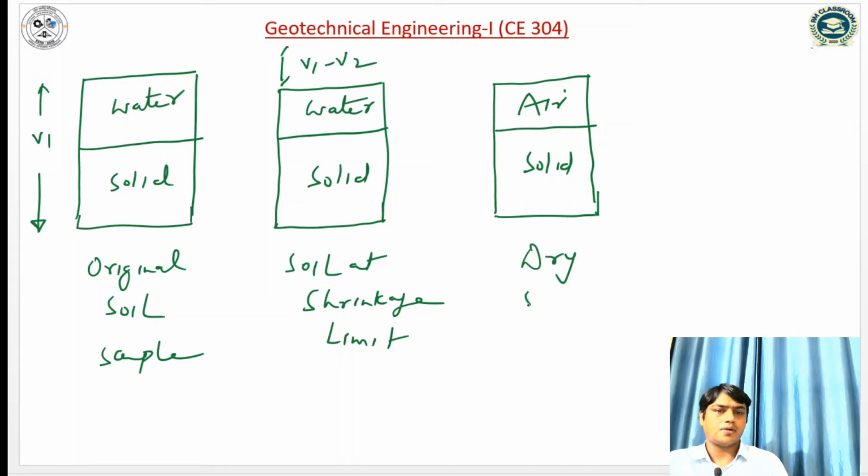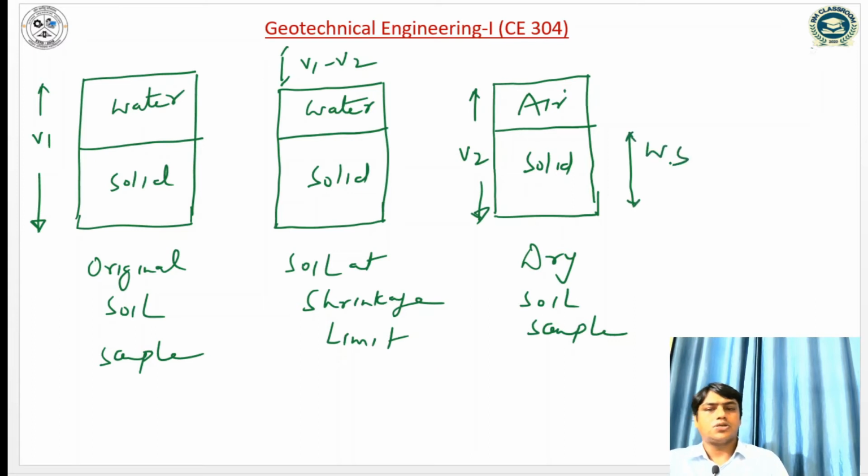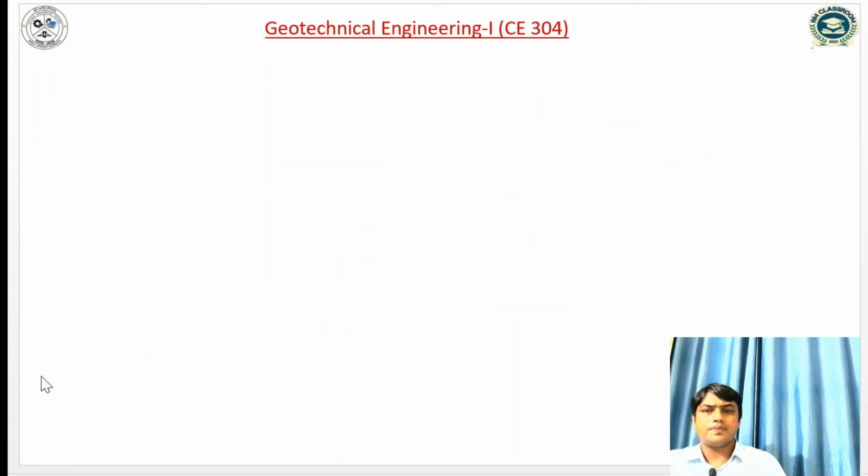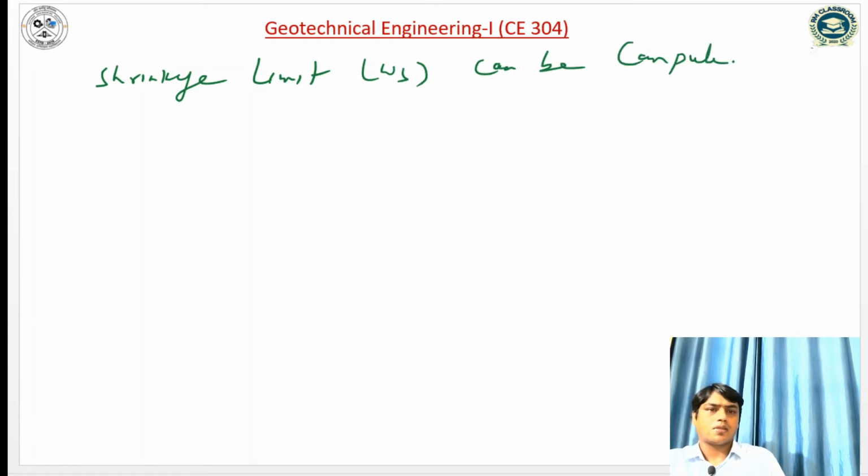Dry soil sample, let us assume this is V2, this is WS. So the shrinkage limit can be computed as WS is equal to weight of water.